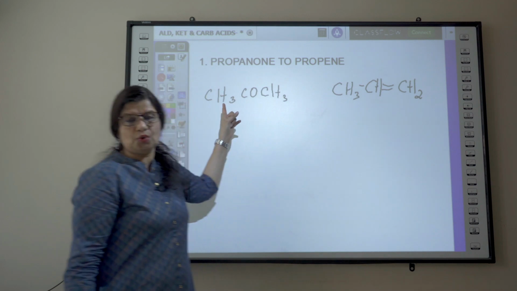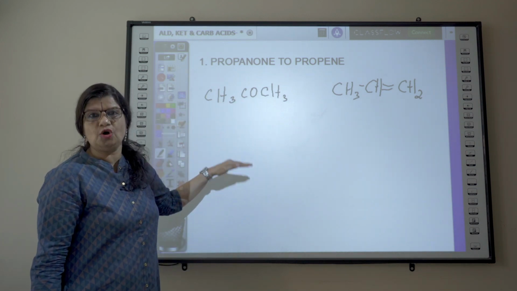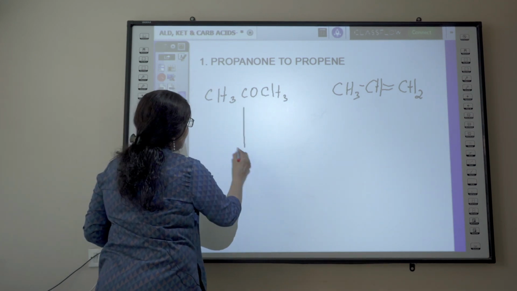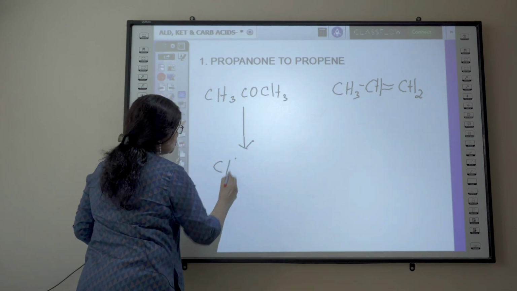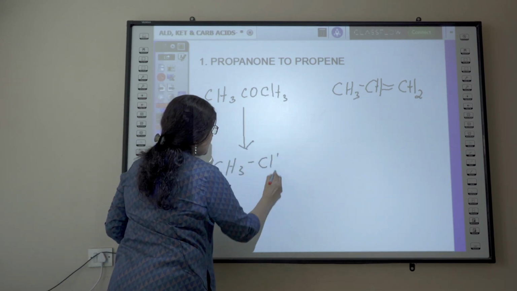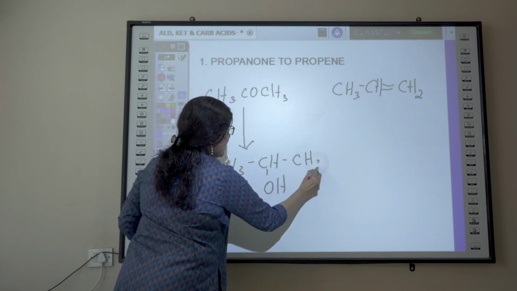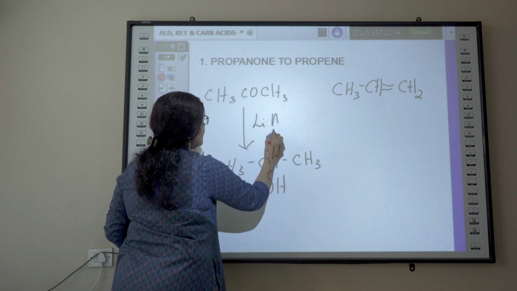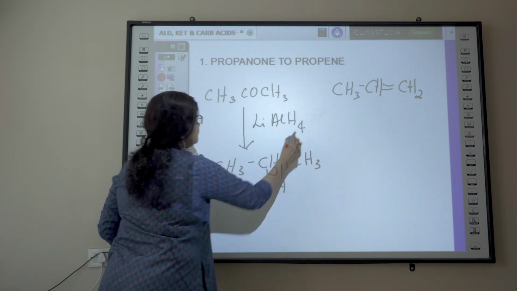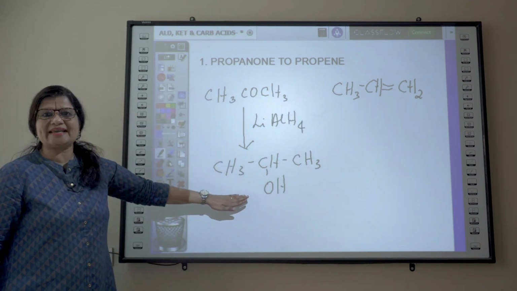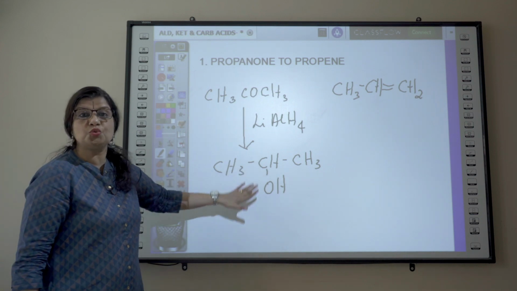So from a ketone, we can get a secondary alcohol first. We reduce the ketone to give CH3CHOHCH3. We can make use of lithium aluminium hydride. So the ketone is reduced to a secondary alcohol, propan-2-ol.